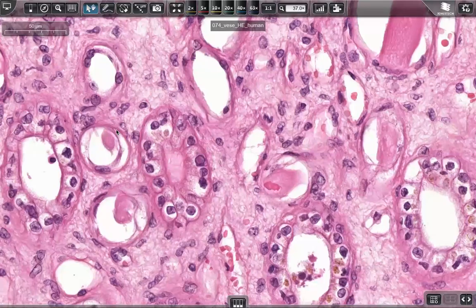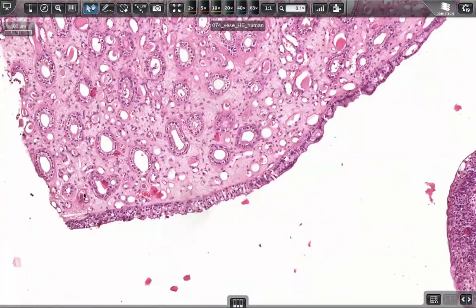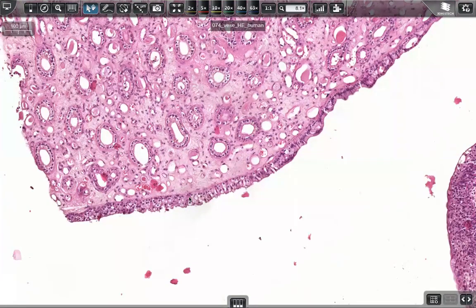And at the tip of the papilla, we have a cuboidal epithelium, because the mass of the collecting tubules invaginate into the minor calyces, showing cuboidal epithelium.